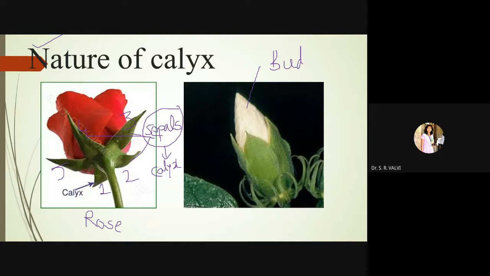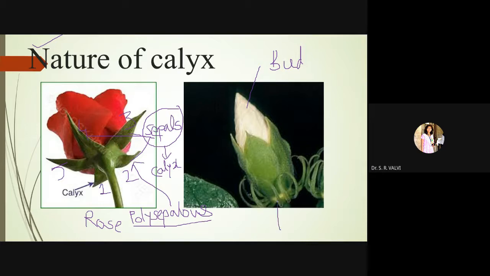Each and every sepal is free from one another, and hence the poly condition comes here. Always remember this prefix poly. Poly means free. Sepalous, because we are talking about sepals. So polysepalous condition in case of the rose flower.